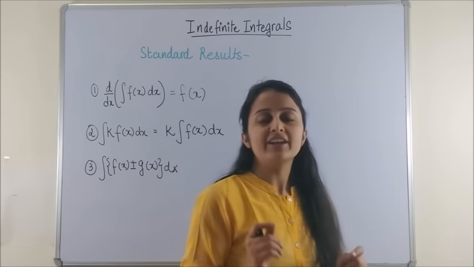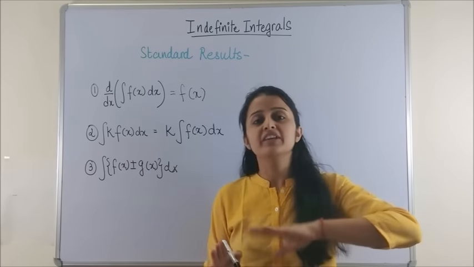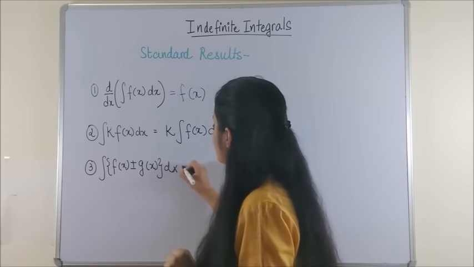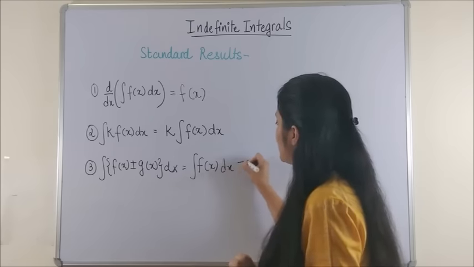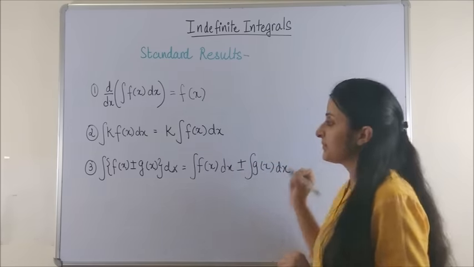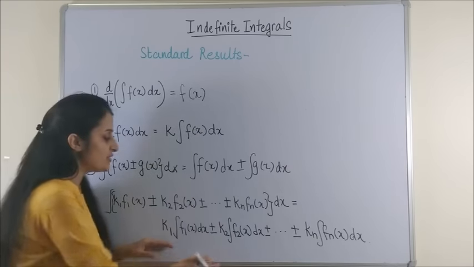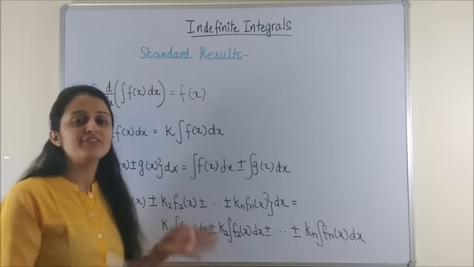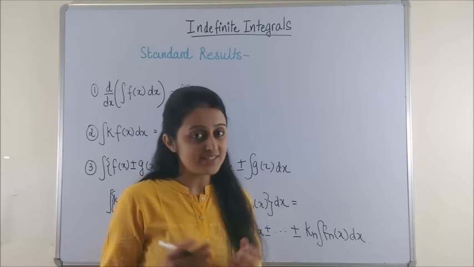Now if your integrand is a combination of certain functions, then we can integrate each of them individually. So this is the same as the integral of f(x) dx plus or minus the integral of g(x) dx. Now combining the second and third results, we can eventually get integration as a linear combination of individual functions. Please have a look at all the results once again.